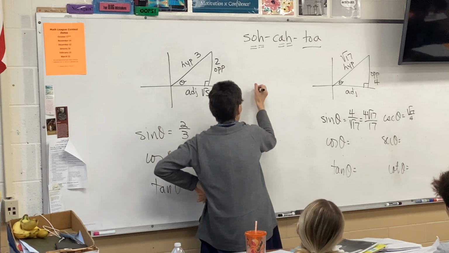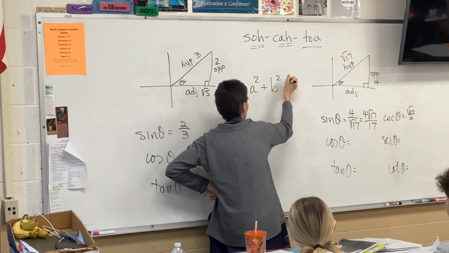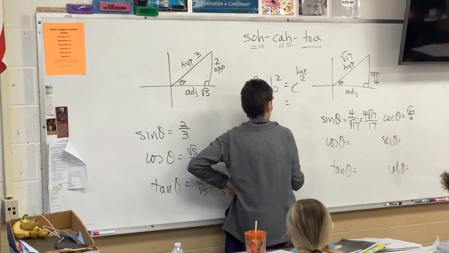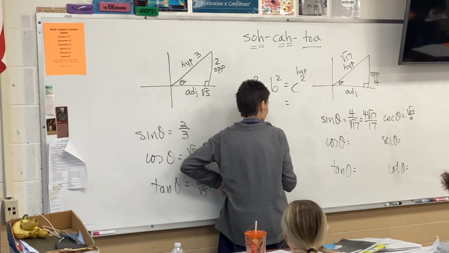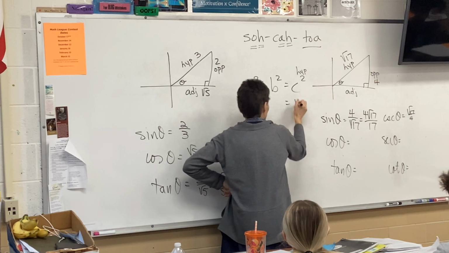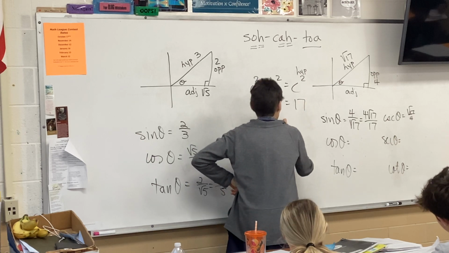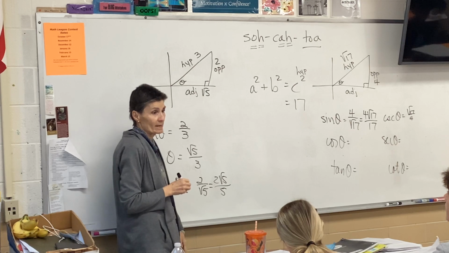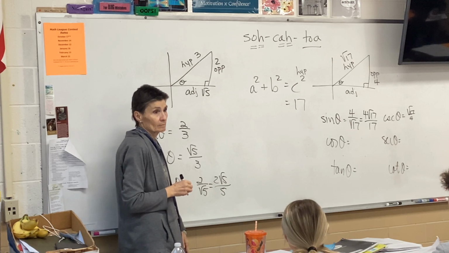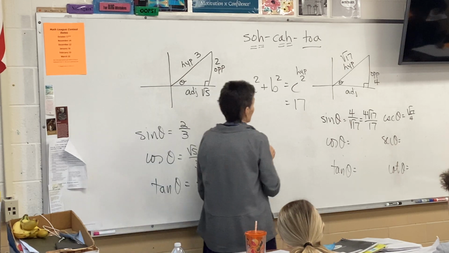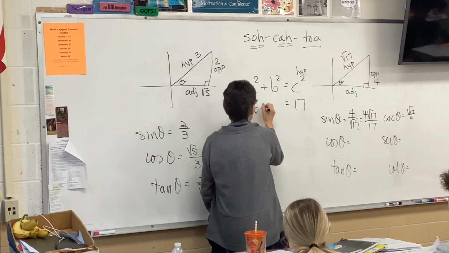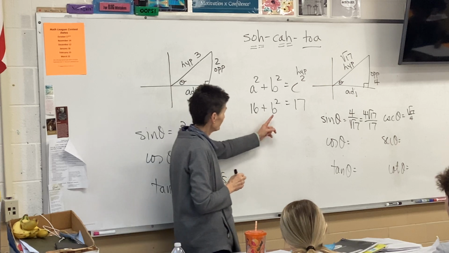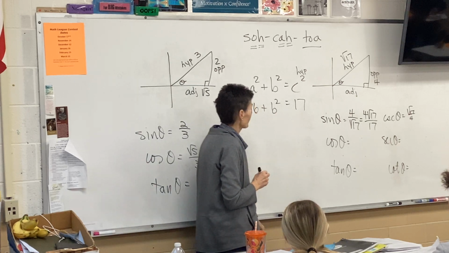So, a squared plus b squared equals c squared. And this is the hypotenuse. So what's the square root of 17 squared? 17. Remember, when you take the square root, they cancel. 16 plus b squared. 4 squared plus b squared is 17.